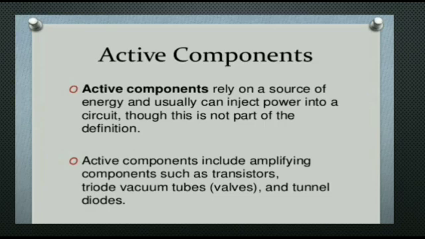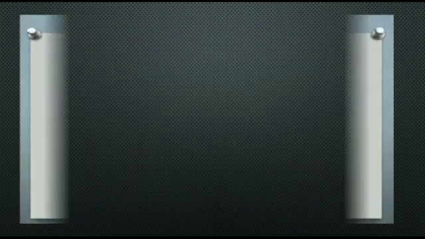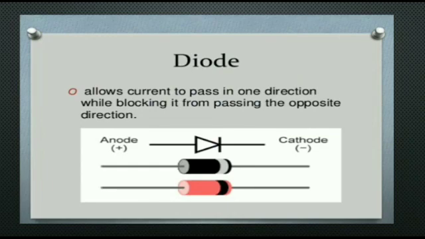Now I'm going to give the details of what active components are with a picture, and what passive components are with a picture, right? The first component is the diode, and this is the circuit symbol of the diode, and this is the exact component picture.